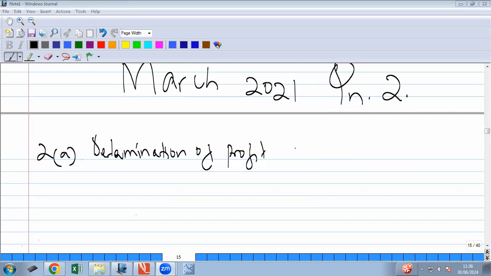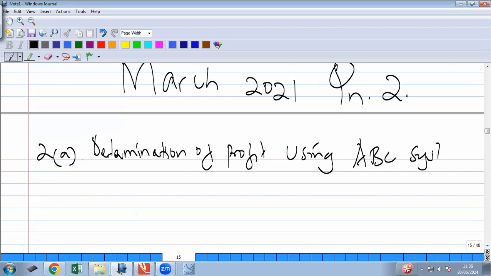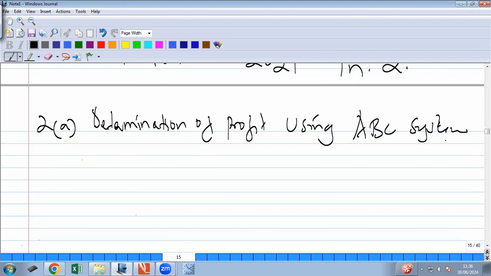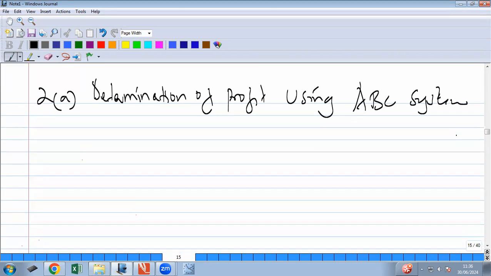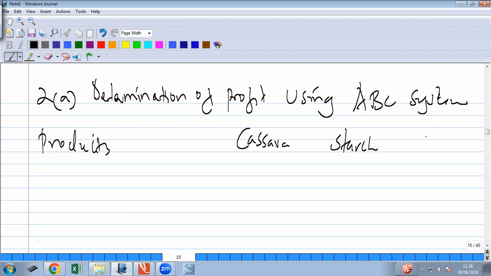So we are going to say determination of profit using the ABC system, right? Okay, so we can start with our products, which we have that are given to us: cassava, starch, and dairy feeds.